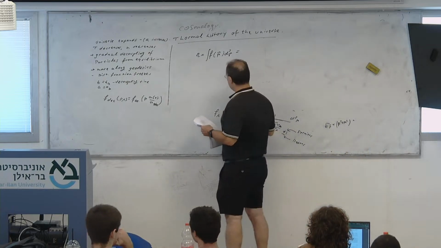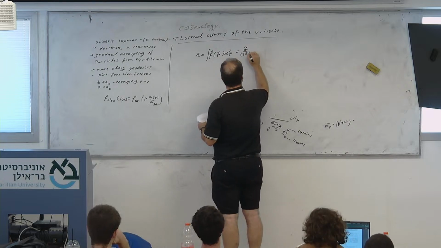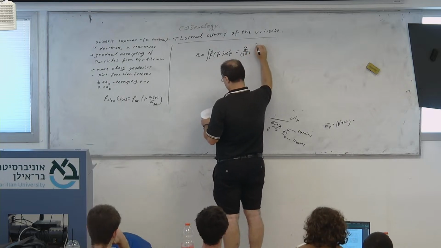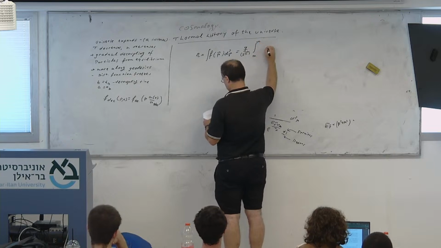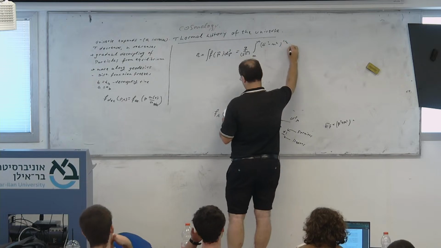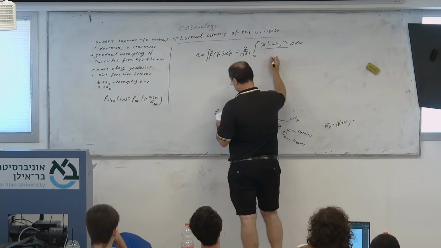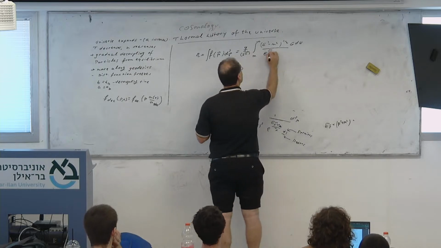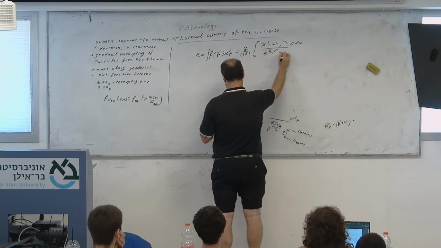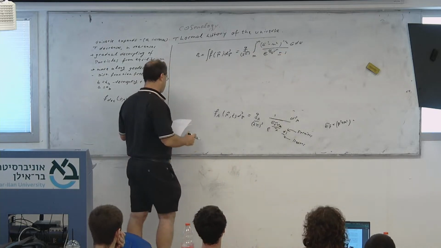So that's going to be g over 2 pi squared, the integral from the mass to infinity of the square root of E squared minus m squared, times E dE, over e to the power E minus mu over T, plus or minus 1, depending on whether it's a fermion or boson.